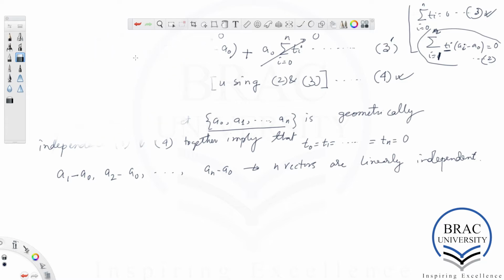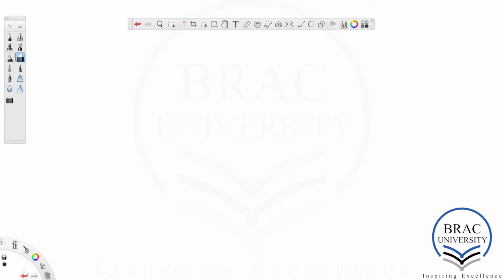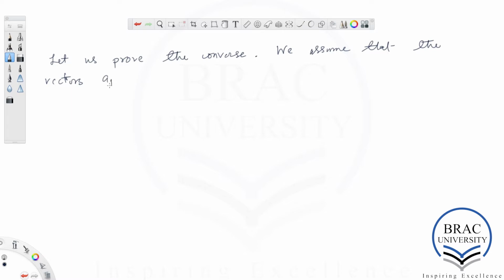Now let us try to prove the converse. We assume that the vectors a1 minus a0, a2 minus a0, all the way up to an minus a0, these n vectors, are linearly independent.